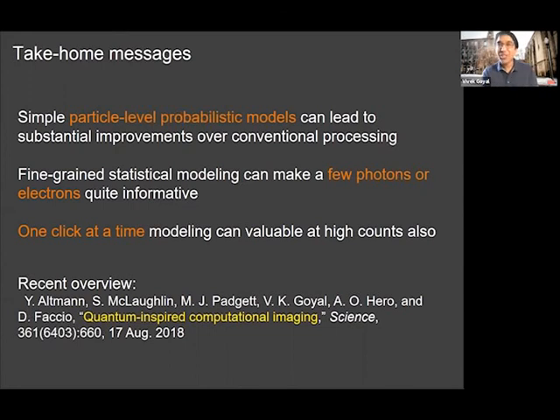Actually, especially when the signal is not weak. In the helium-ion microscopy part, the advantages that I showed you actually hold uniformly over the dose. They're not advantages that are specifically for low dose helium-ion microscopy. They're advantages across all dose. So I encourage you to think about things one click at a time to see what kind of advantages might be possible.